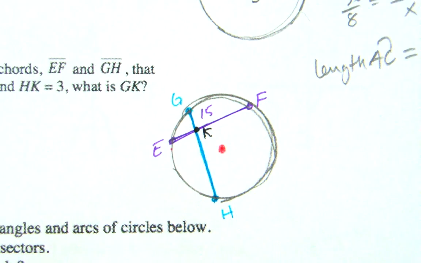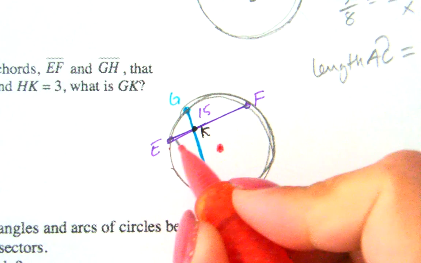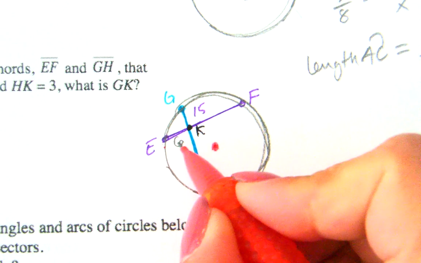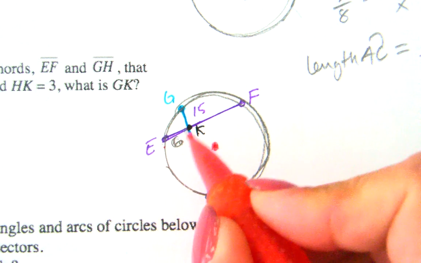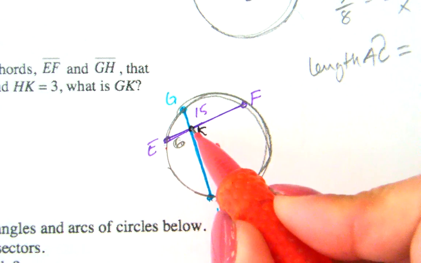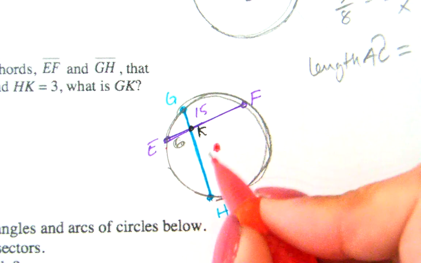So EF, the whole purple thing, do we know what GH is? Nope. But it does say EF is 15, EK is 6, E to K is 6. And then, what else do we know? H to K is 3.